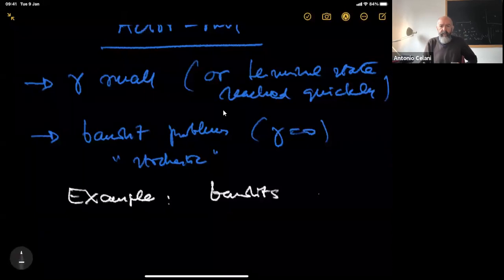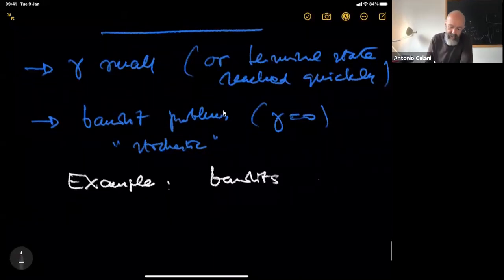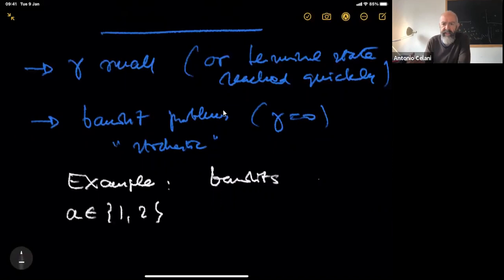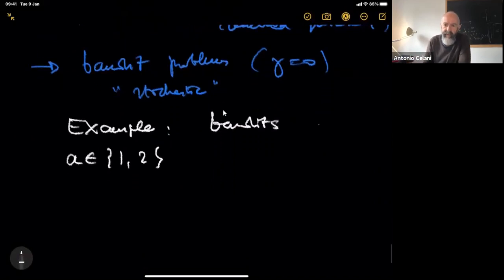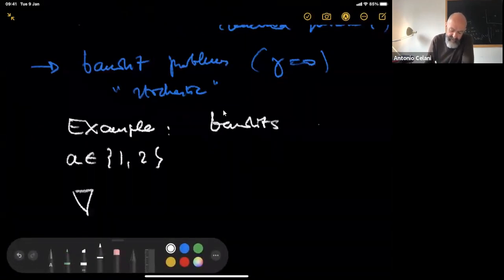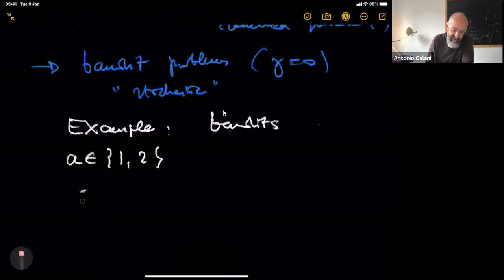And so here I will just give you very quickly one example. Suppose you have 2 bandits. So the actions are just 1 or 2. Remember that there is just one state. So basically, this is a stateless problem. So what does this imply? Well, first you have to introduce a policy. So let's go one step at a time.